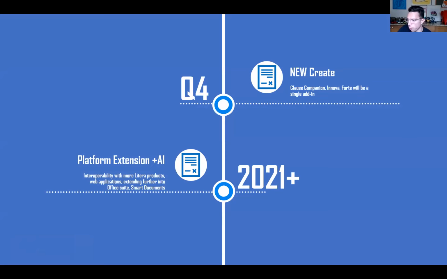Moving into Q4, I'll just summarize this quickly and then get to Check. In Q4, we will come out with that consolidated single add-in application, yet to be named, but it will be a consolidation of Clause Companion, Innova, and Forte.